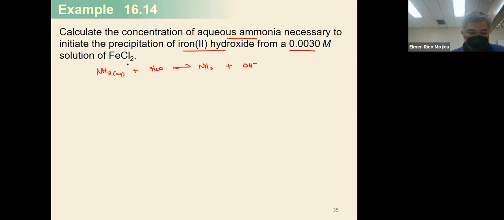And how is the Fe2 plus being affected there? You have Fe2 plus reacting with hydroxide to produce Fe(OH)2. Why did I say Fe(OH)2? It says here.